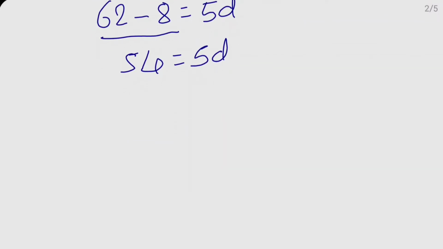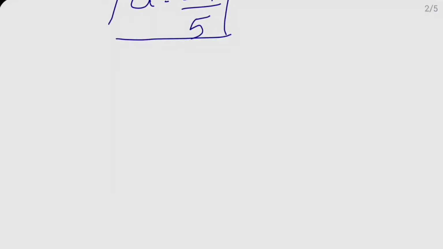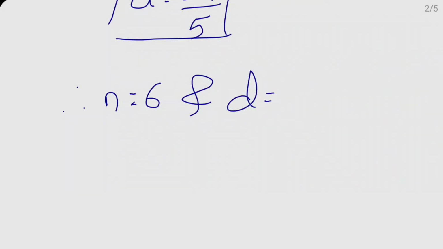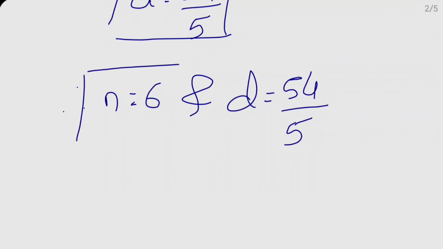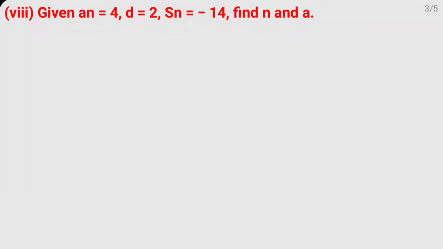And now here d equal to 54 by 5. Is it clear? So write down the conclusion here. Therefore n equal to 6 and d is 54 by 5. Is it clear? Well students, look at the next question.